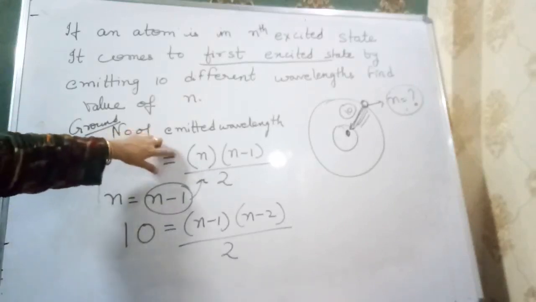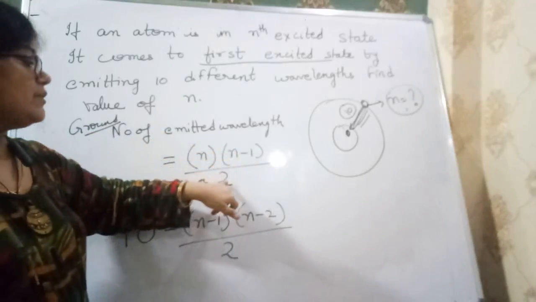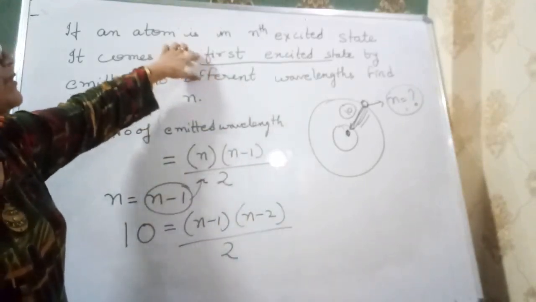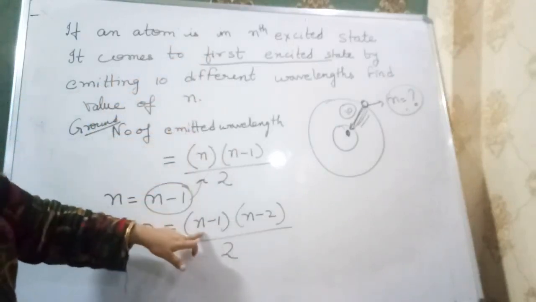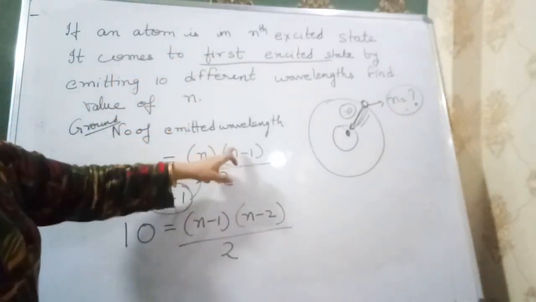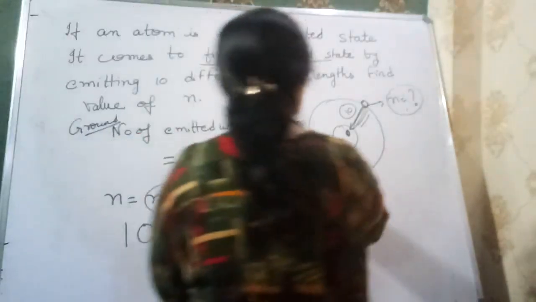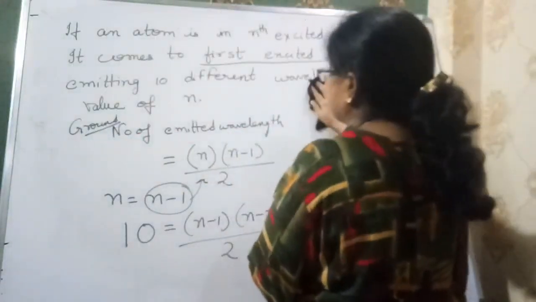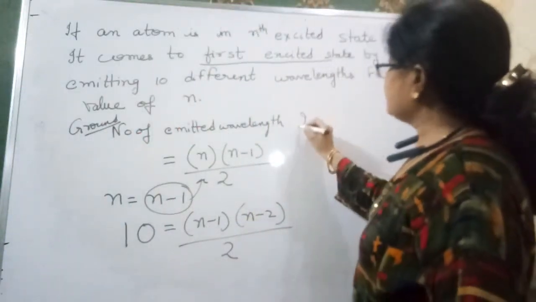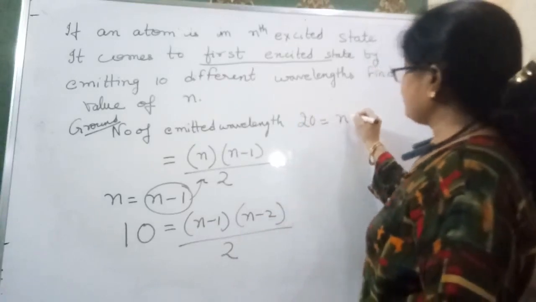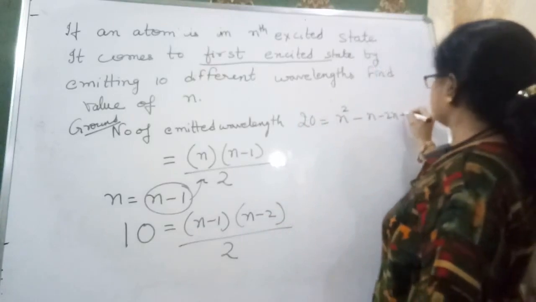Remember, this is the formula when the electron comes to the ground state: n into n minus 1 by 2. But in the question it is given that it comes to the first excited state, so in place of n, I have written n minus 1 and it becomes n minus 2. And just as we solve a quadratic, we get 20 equals n square minus n minus 2n plus 2.